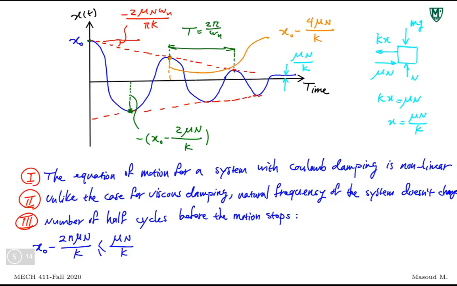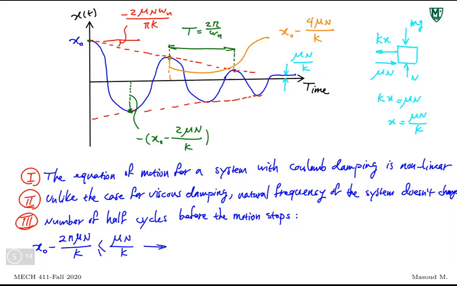Keep in mind, mu n over k is where it stops. Take a look at the plot. This is where we said it's going to stop. For every half cycle we keep having this reduction in the motion, and at some point this is valid, smaller than or equal to where it stops at the end. The rest is just to move things around.